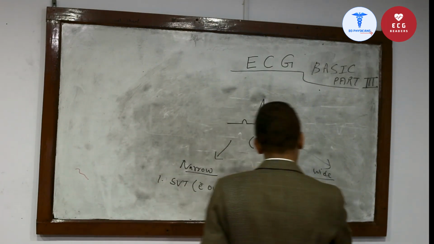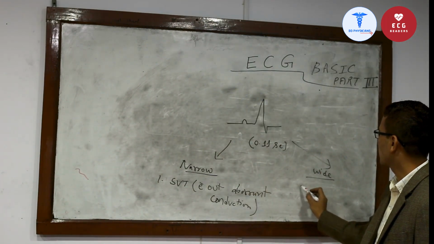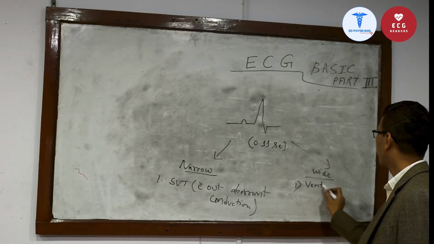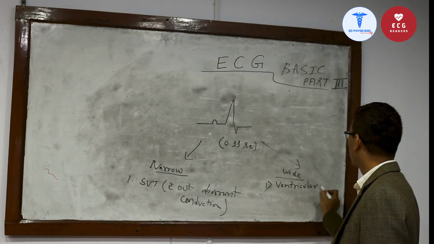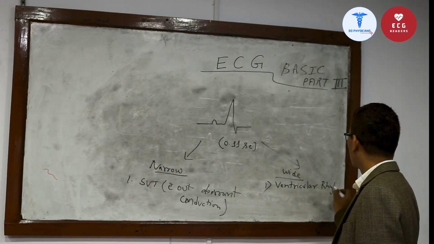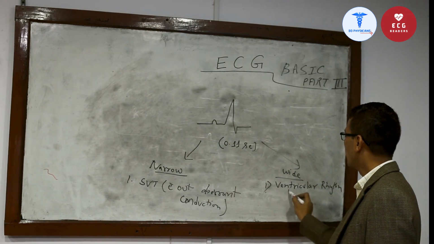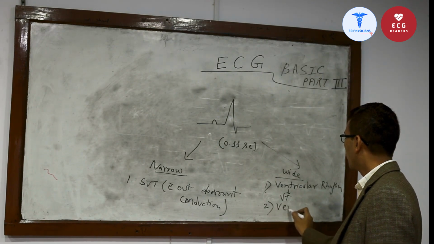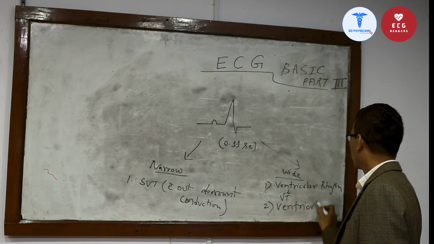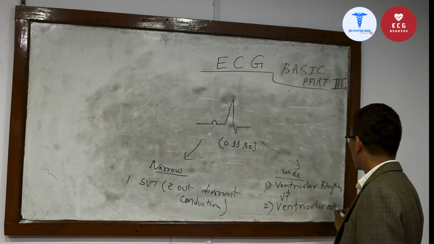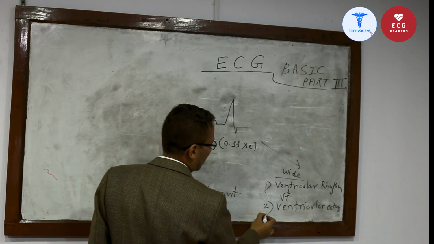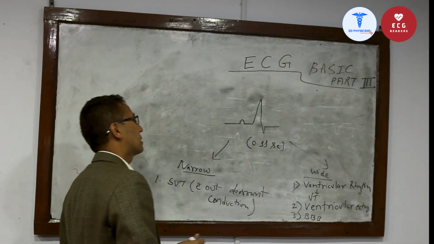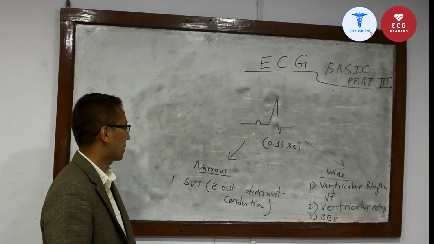And wide QRS complex occurs in ventricular rhythms like idioventricular rhythm, ventricular tachycardia, ventricular ectopics, and bundle branch block, which may be right bundle branch block or left bundle branch block.